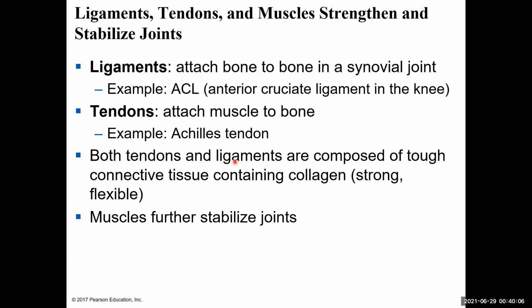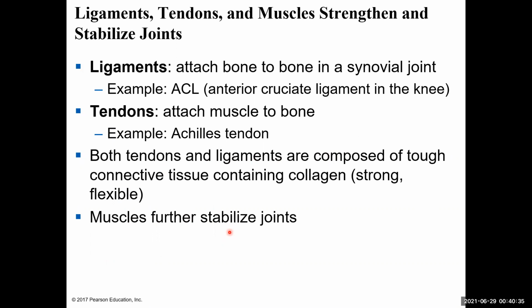And like I mentioned in the first video, tendons and ligaments are dense fibrous connective tissue that contains collagen, so that the tendons and the ligaments are strong, but they're also flexible to allow movement.